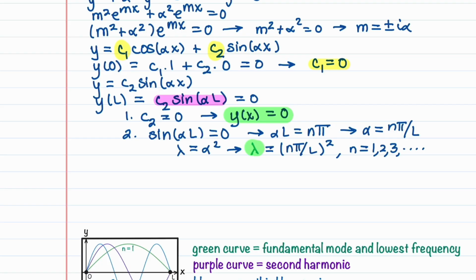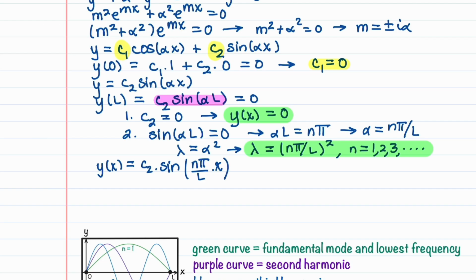Let's go ahead and highlight this. There's our eigenvalue. And notice, because of all the values that n can take on, we have an infinite set of eigenvalues. Let's now look at y of x. We have that y of x is equal to C2 times sine of alpha times x, and alpha is now n pi over L, and there's our x.